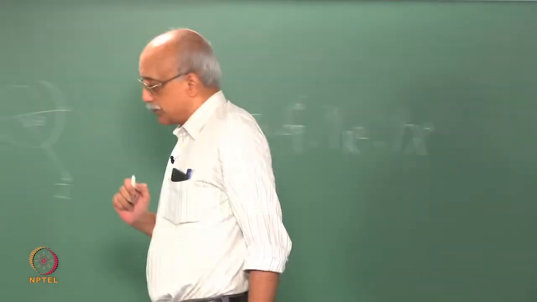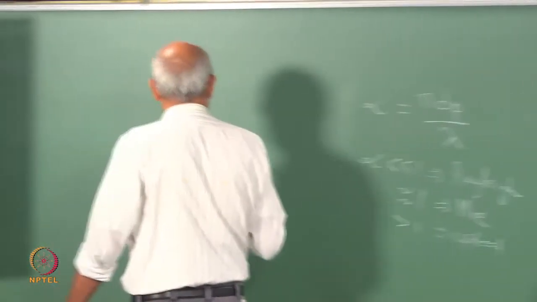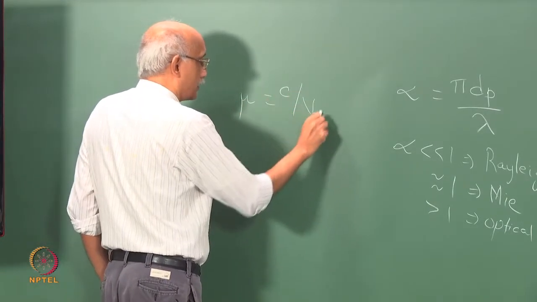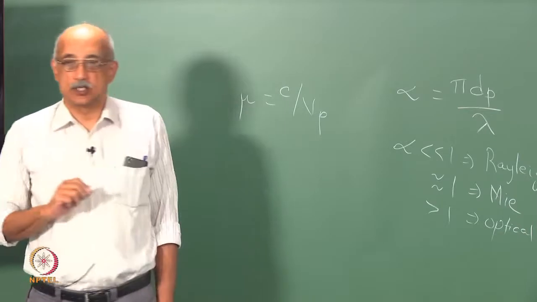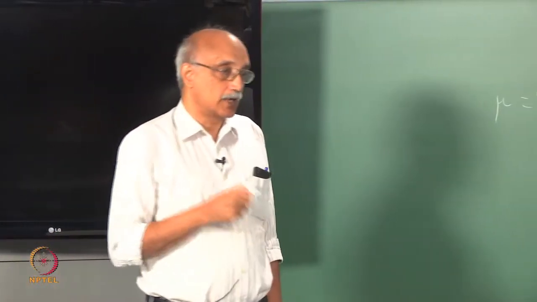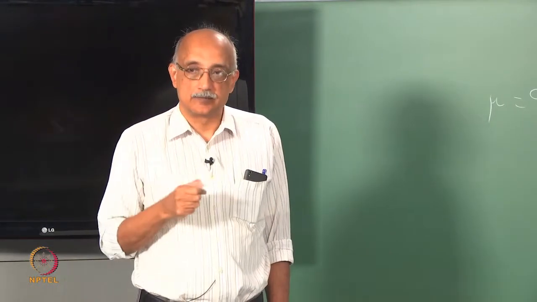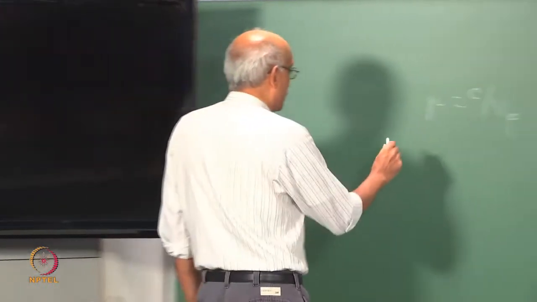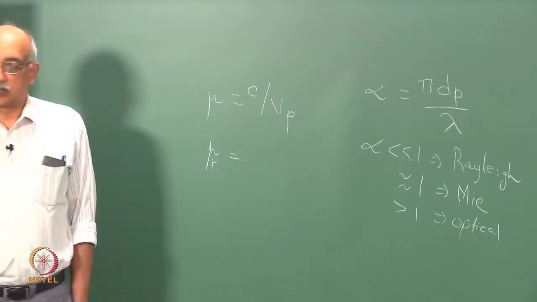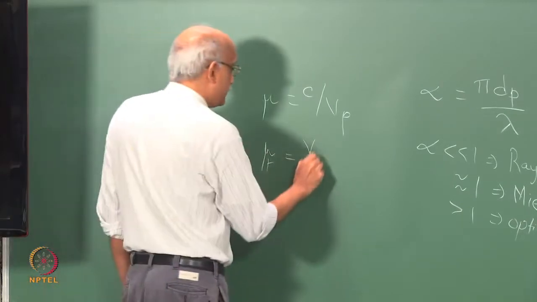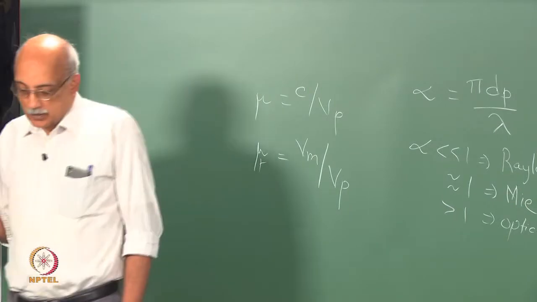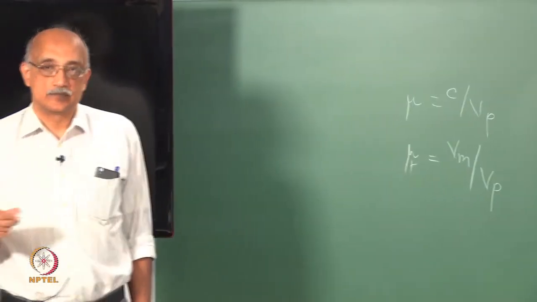The other non-dimensional parameter that's of relevance here is the refractive index. Now conventionally mu will be defined as c over Vp, where c is the velocity of light in vacuum and Vp is the velocity of light through the particle medium. There is also something called mu r, relative refractive index, which is defined as Vm over Vp. This is particularly relevant for particles that are suspended in a medium.